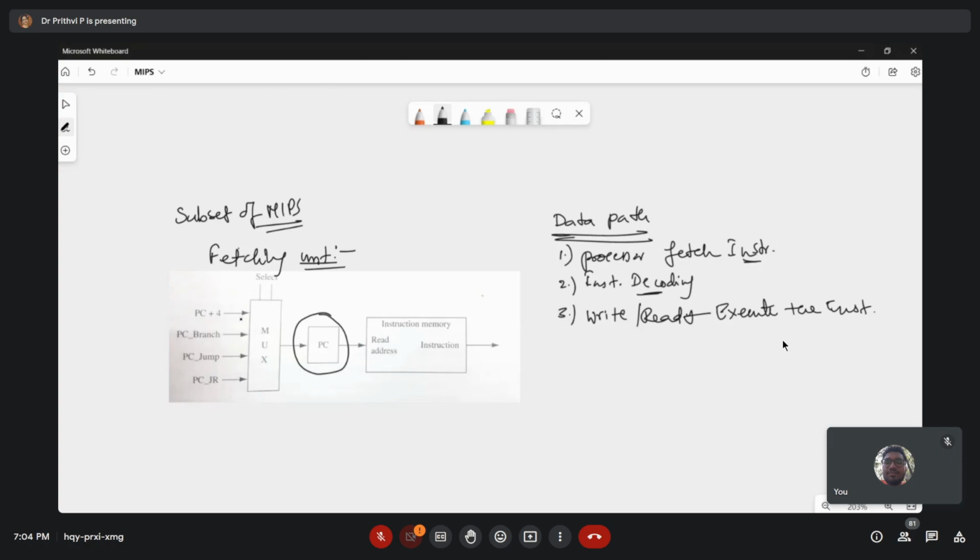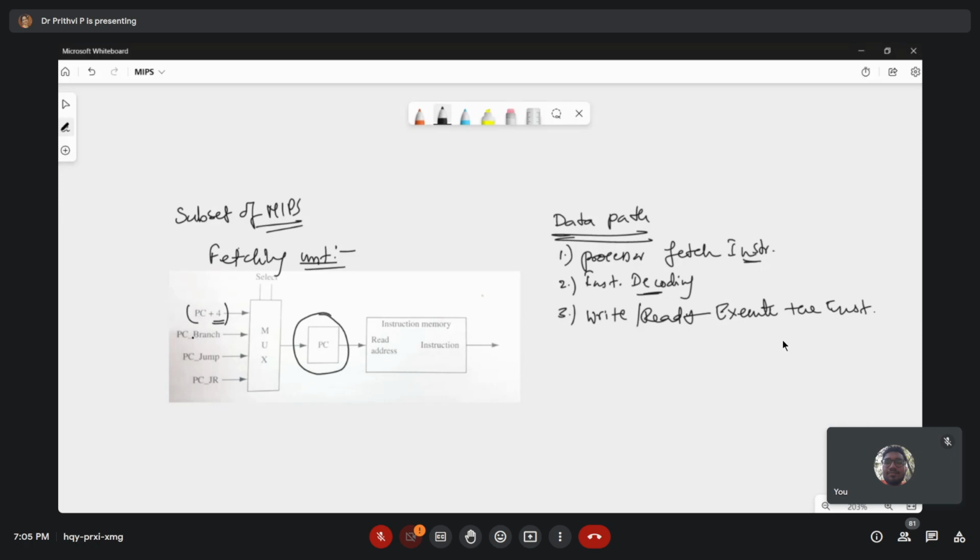One is program counter plus 4, which is for instructions other than branch or jump. The next instruction will be given at program counter plus 4; in the previous table we saw the next instruction is placed at the present program counter plus 4 position, readily available there.